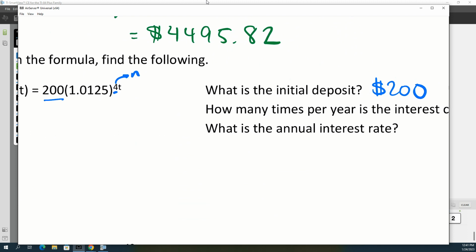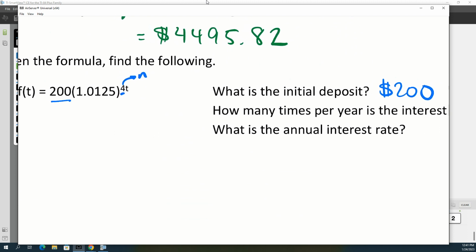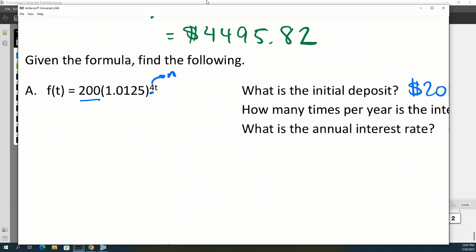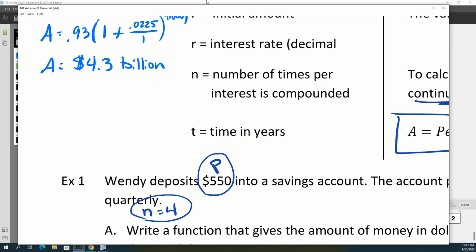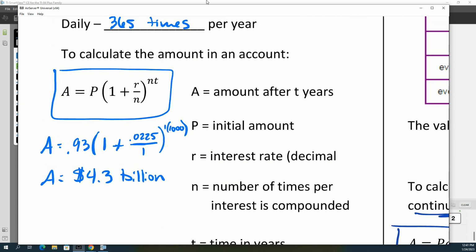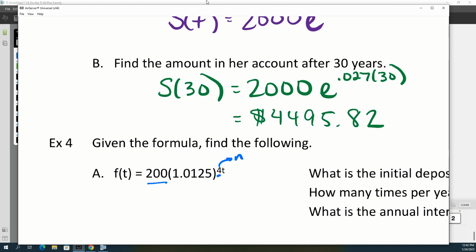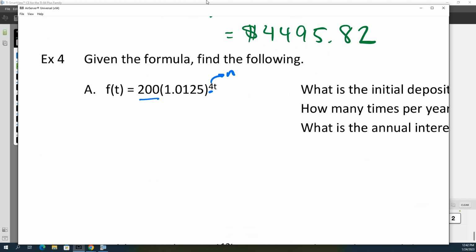Now, the interest rate is a little bit more difficult. So we're going to use what's inside here, but I'm going to take off the 1. So what I'll do on the formula is also take off this 1, all right?